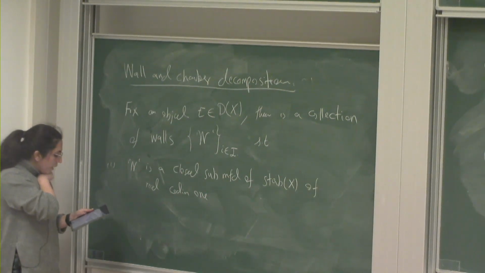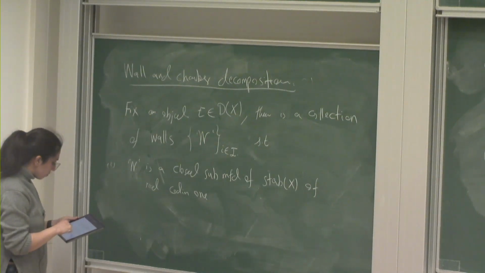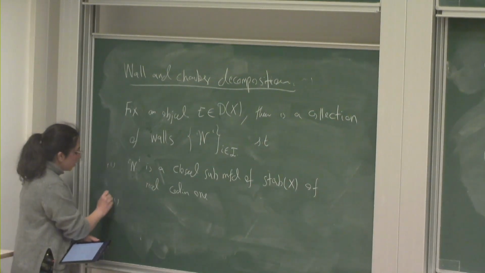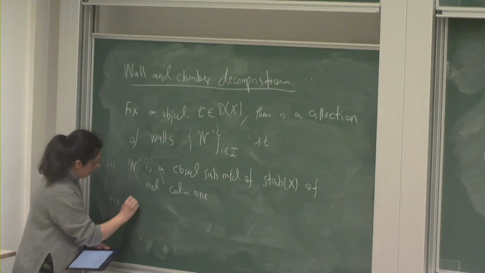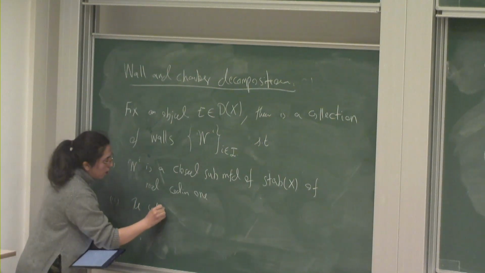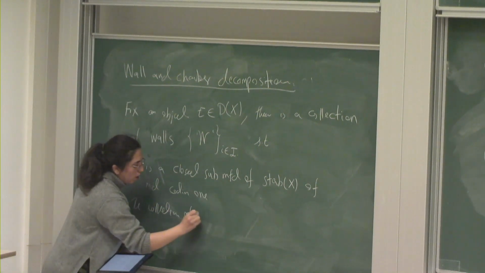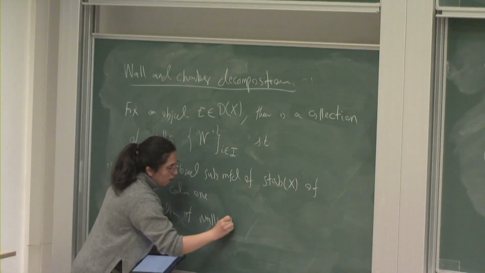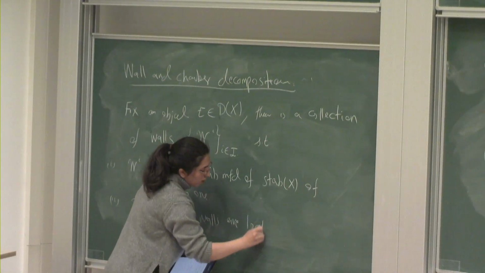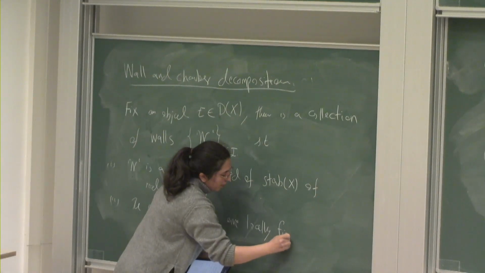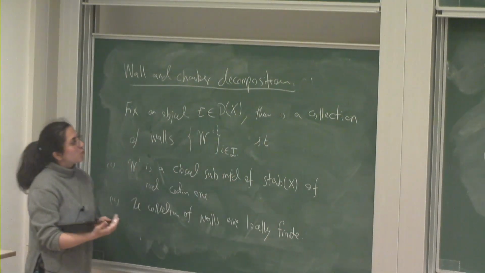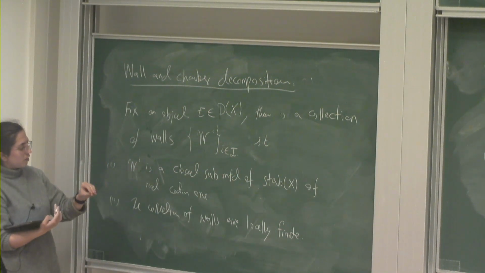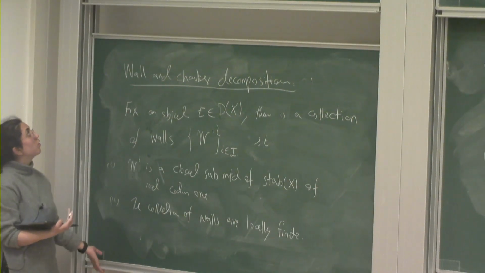And this collection is locally finite, so the collection of walls is locally finite, which means that if I look at any compact subset of Stab(X), it intersects only finitely many of these walls.